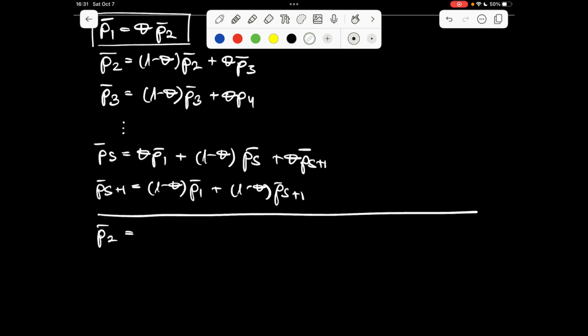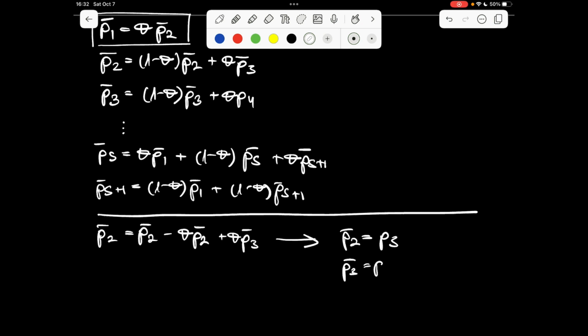So from the second equation, it follows, from which it follows, and we can go on.